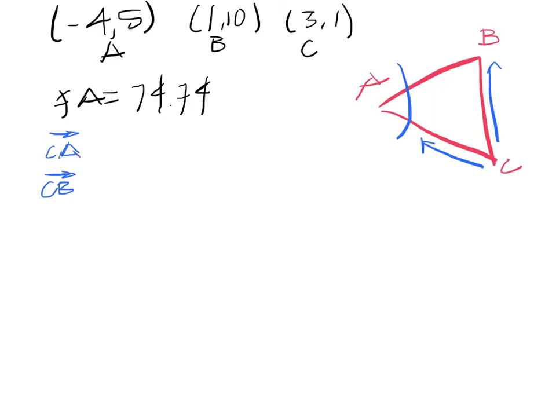I'm starting at C and ending at A, so I need to take my A components and subtract my C components. So I have negative 4 minus 3.